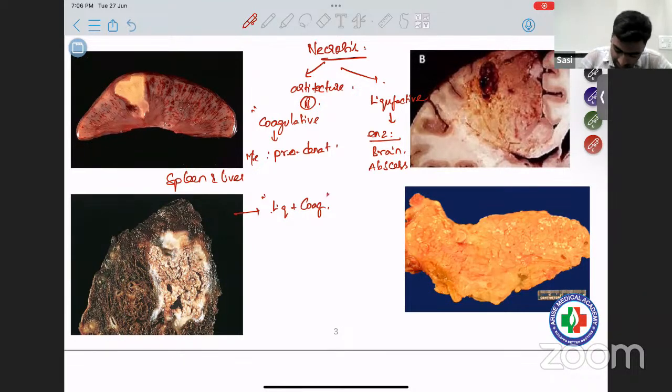Next one. In which of the following necrosis will you see both liquefactive and coagulative necrosis?